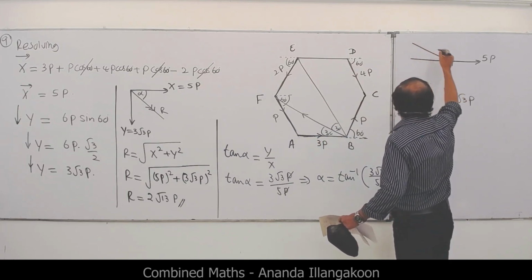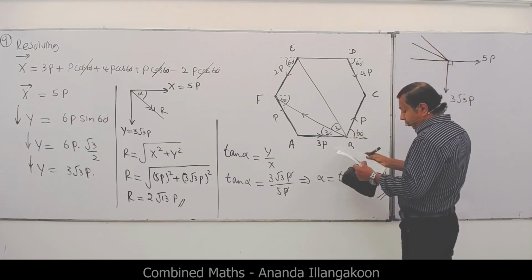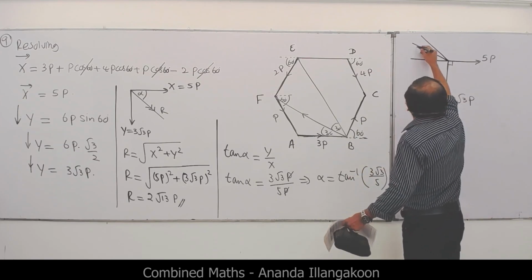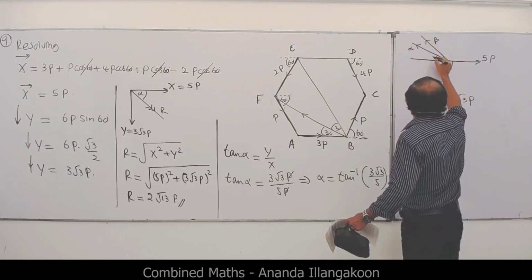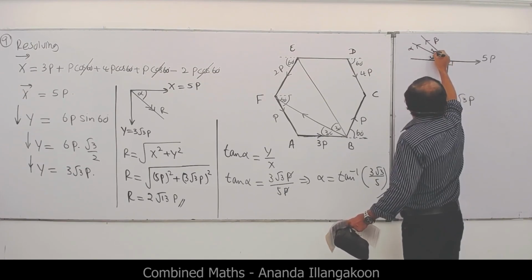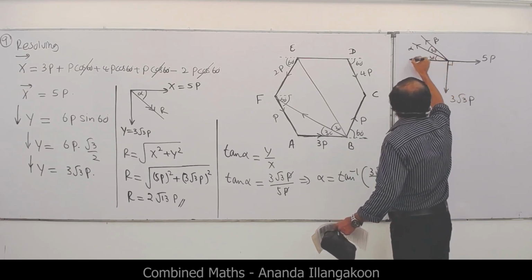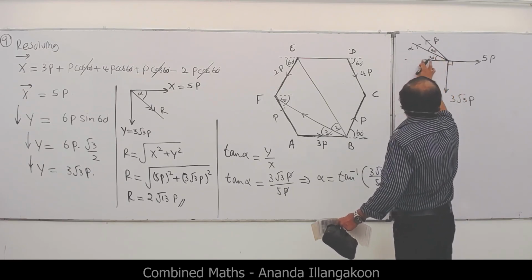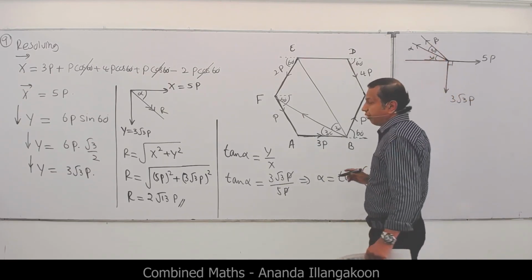This way one force and this way another force are given. The 2 forces are alpha and beta. This is alpha, this force is beta. This angle is also 30. Now, this system of forces is given in equilibrium, and we are asked to find alpha and beta.